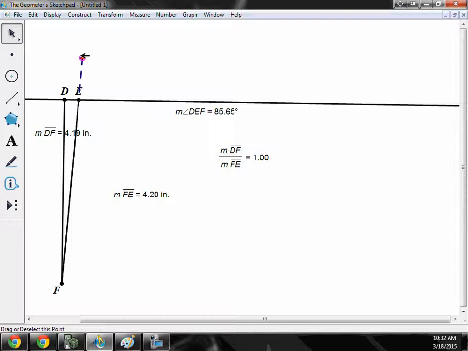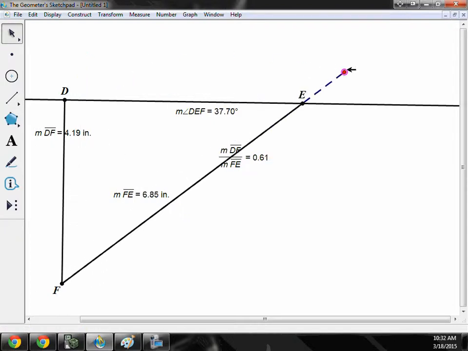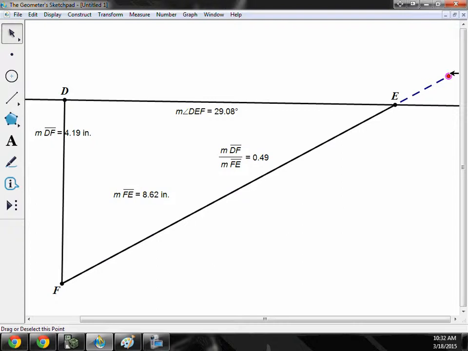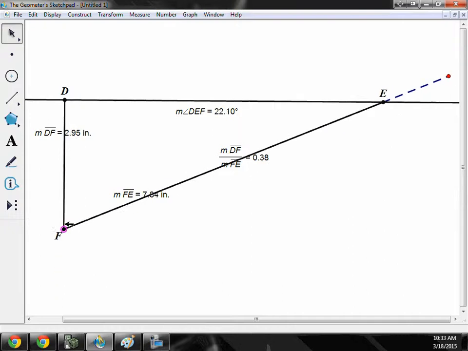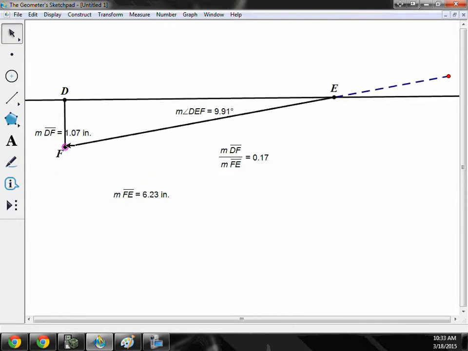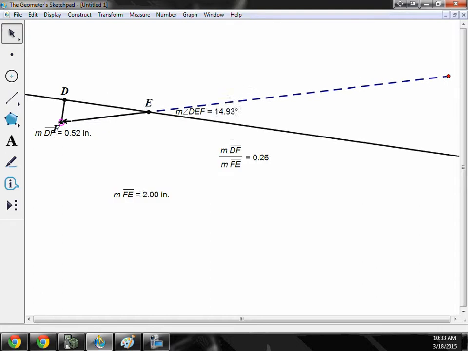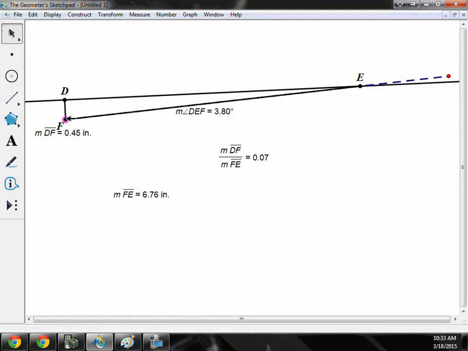So this angle can get really close to 90, and this side, the ratio, can get really close to 100%. What if I went the other direction? As the angle gets really small, what's going to happen to the percentage? It's going to get closer and closer to 0. Okay?